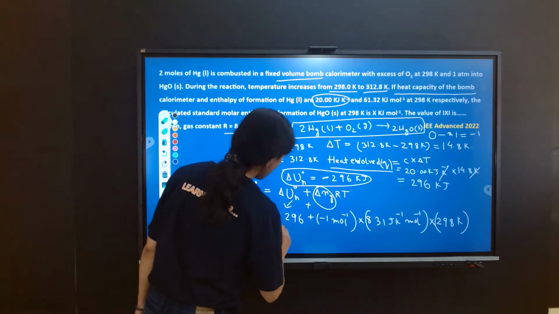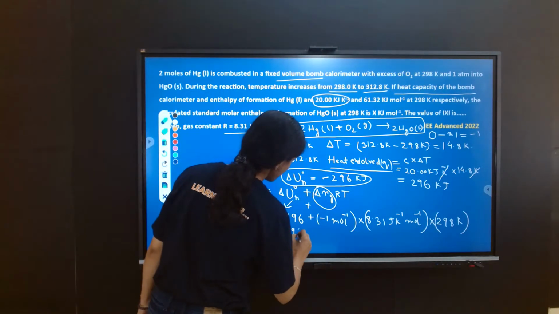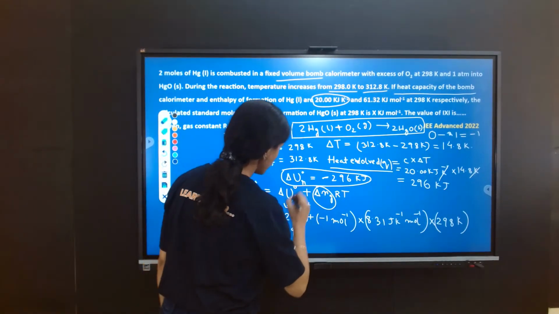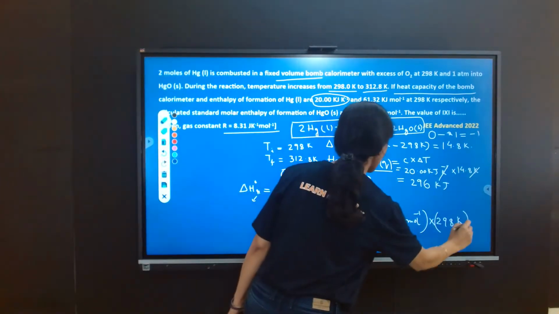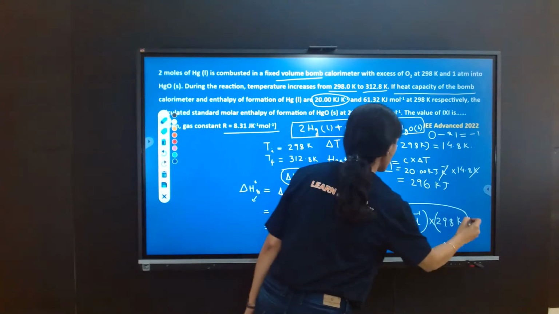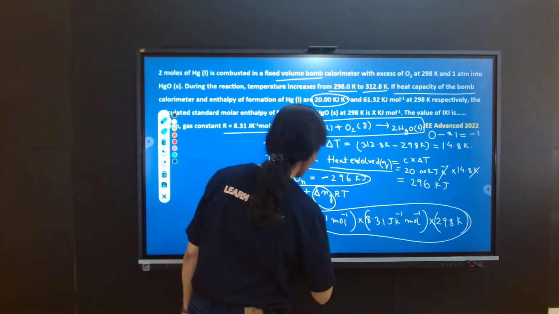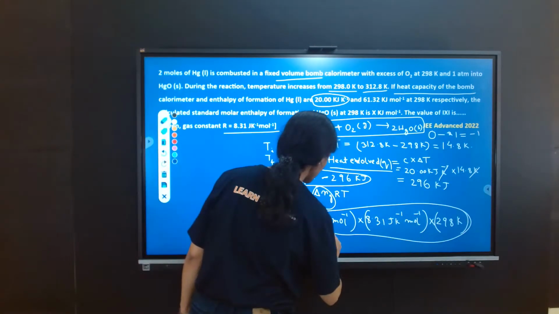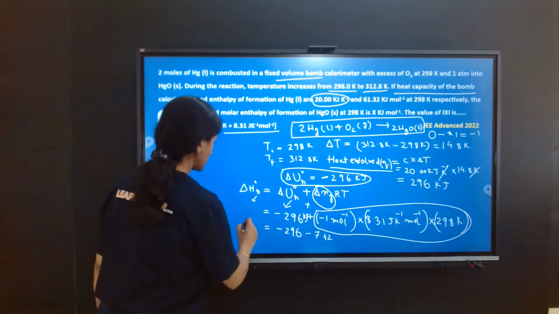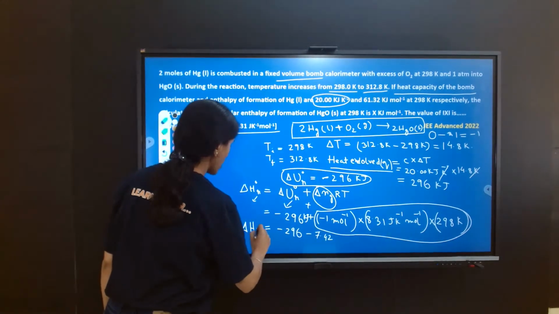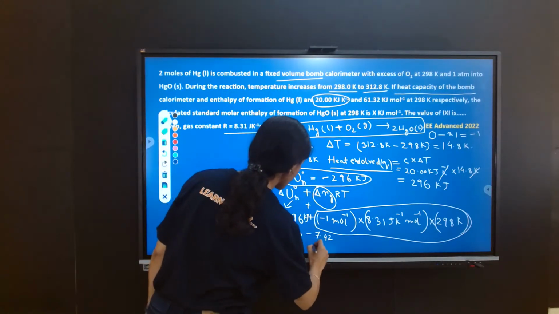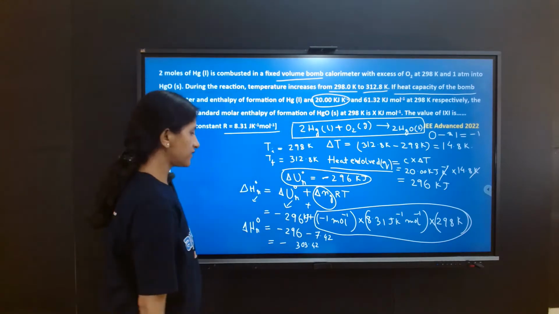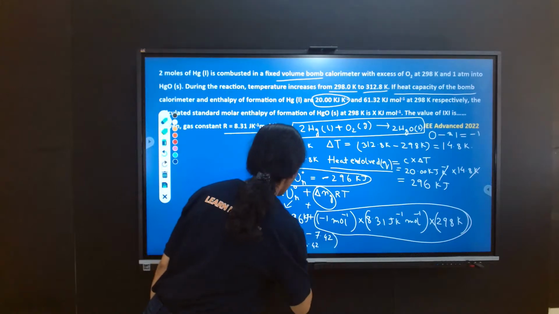Now if you solve, this is in kilojoule we have calculated here, and if you solve the rest of the part, you will get minus 7.42, and your delta HR0, if you calculate, will come out as minus 303.42 kilojoule.